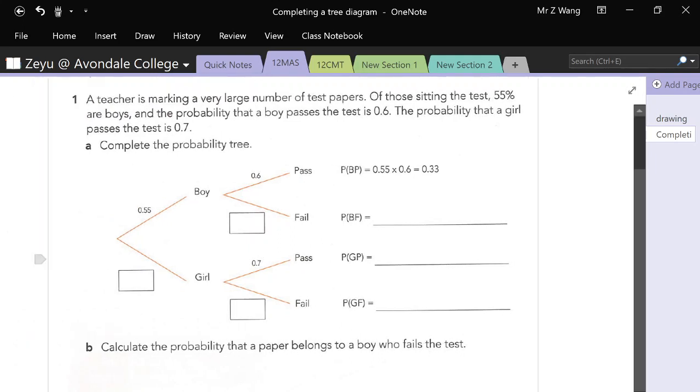What's this number? That would be 0.45. What's this number? 0.4. What's this number? 0.3. And this number? 0.55 times 0.4. And this one is? 0.45 times 0.7. And this one? 0.45 times 0.3.